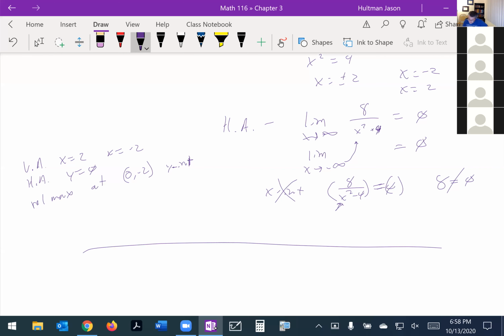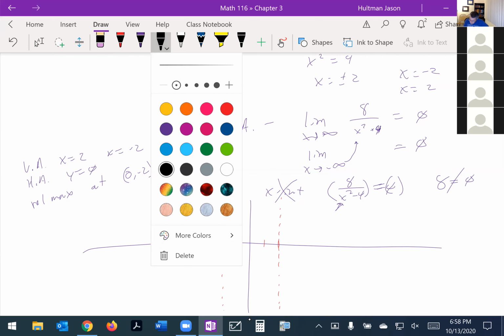Let me put this in a different color. Let's create our axes here. Then out at 2, I've got a vertical asymptote, and at negative 2, I have another vertical asymptote.